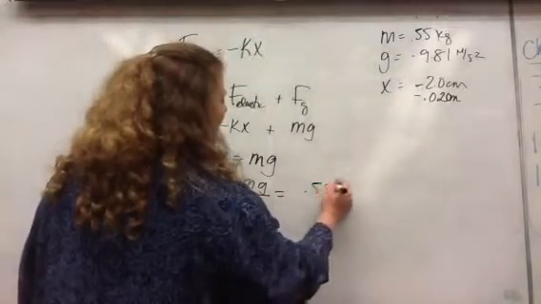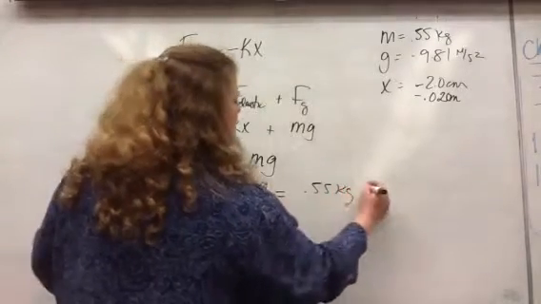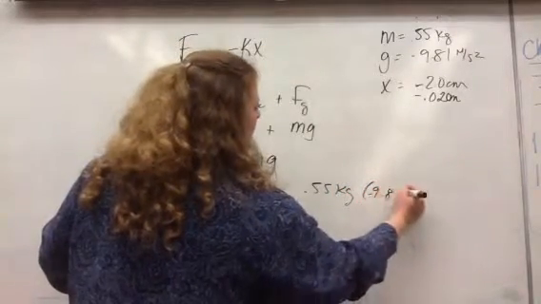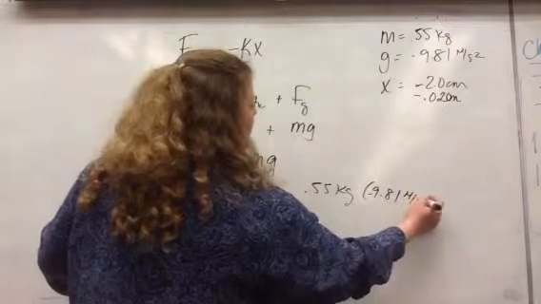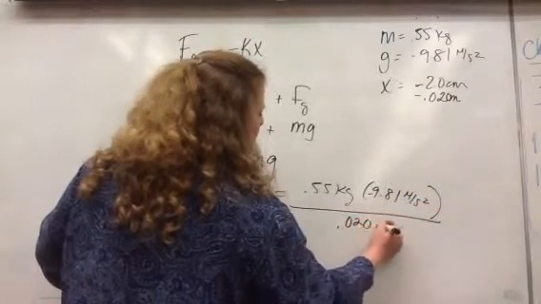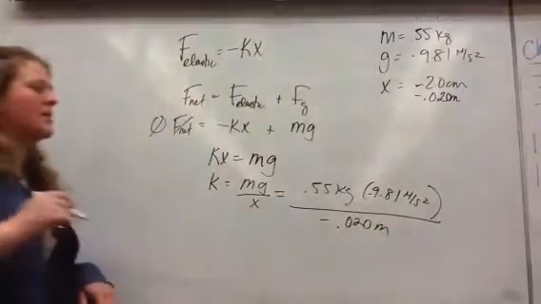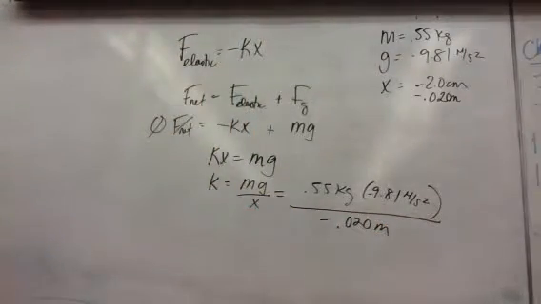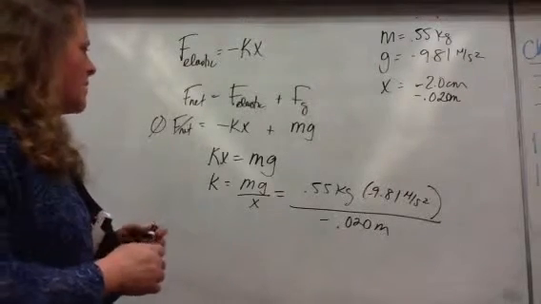So 0.55 kilograms times negative 9.81 meters per second squared divided by negative 0.020 meters. Let's check out the units here. Why does the book say it's negative mg over x?